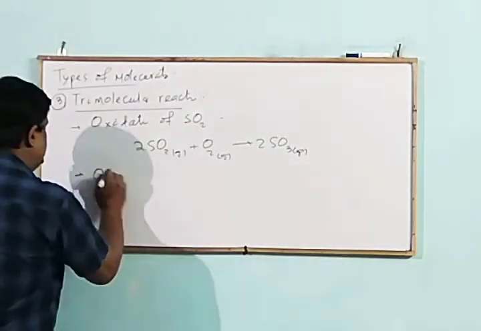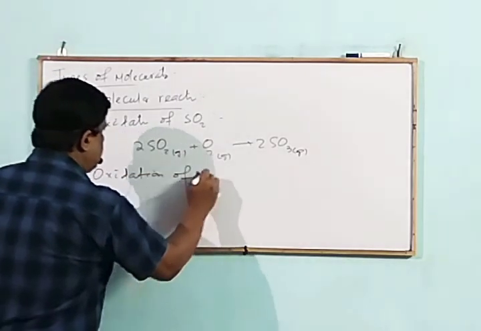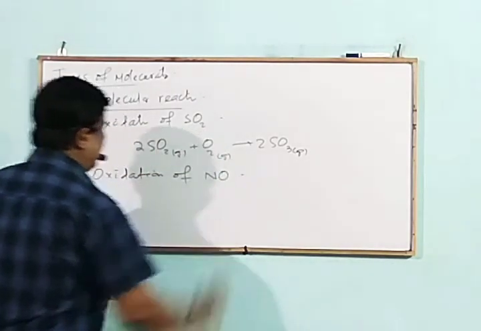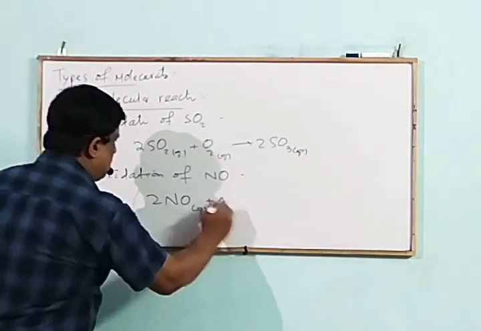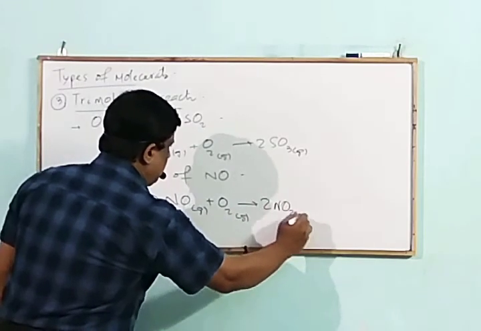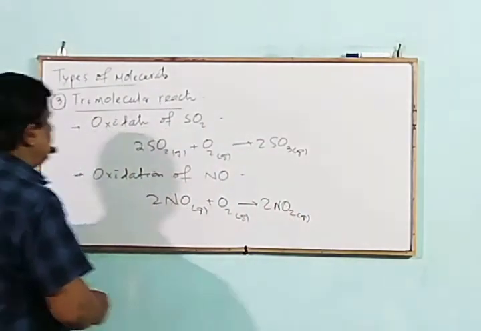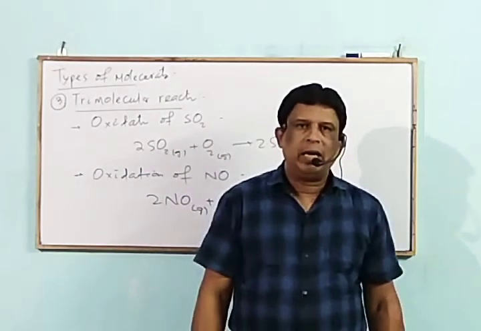Next one is oxidation of nitric oxide, that is 2NO plus O2 gives 2NO2. These are some examples of trimolecular reaction.